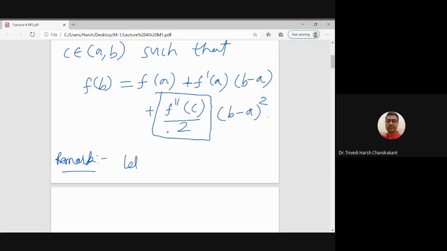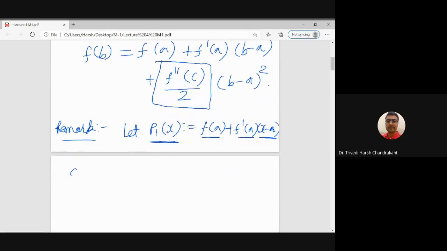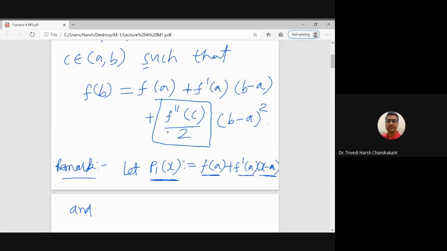So if I write the polynomial p1 of x to be f of a plus f dash a into x minus a. Here f of a is some fixed number, f dash a is some fixed number, and x minus a is a power of x. So that is a polynomial in x, and that is basically this first part.